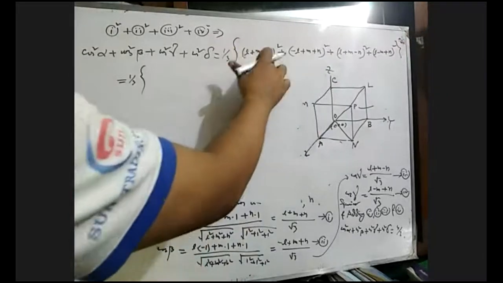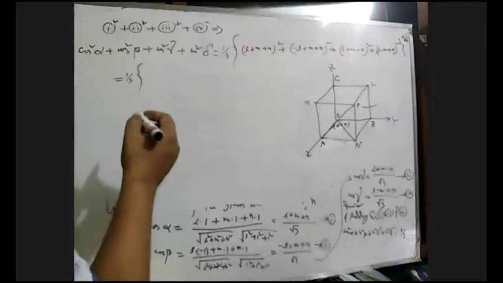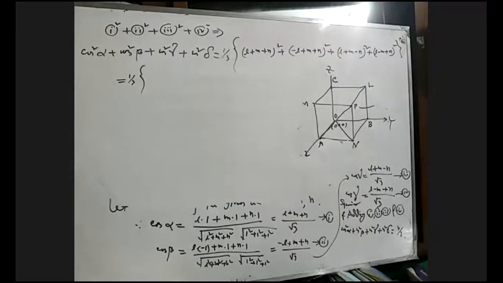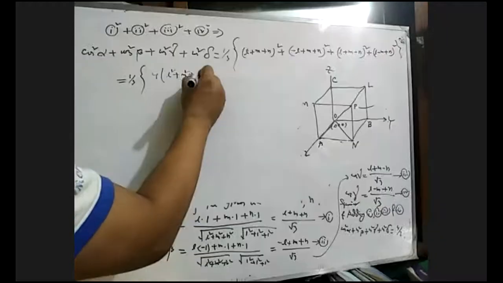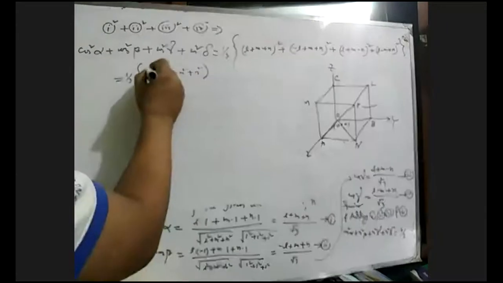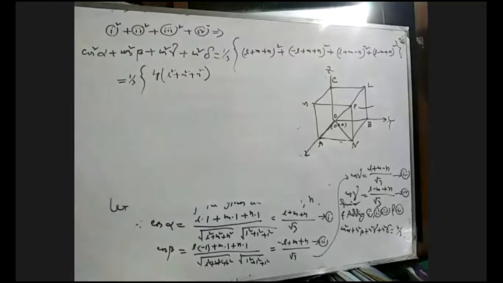So how many l square are there? 4l square, 4m square, 4n square. So we can write 4 into l square plus m square plus n square.